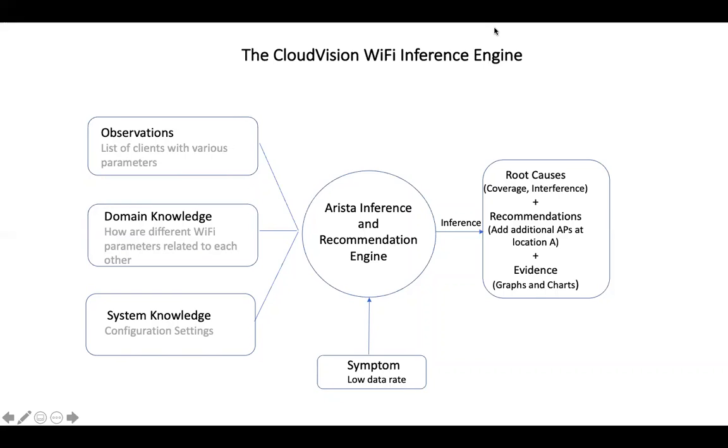This engine helps the user identify a subset of root causes out of the many that are possible. For example, if there are 10 possible root causes as to why a set of clients may face low data rates, the Wi-Fi inference engine can deduce that only 2 out of those 10 root causes are responsible for the issue. And that is how it saves time.